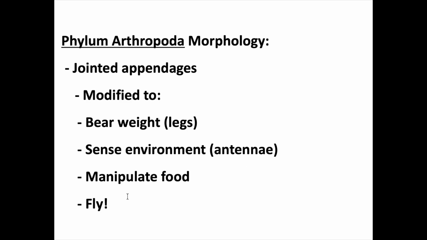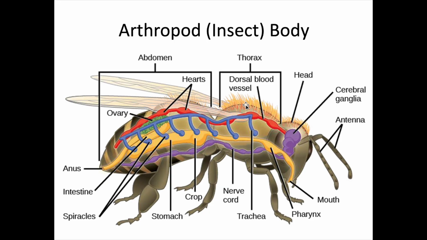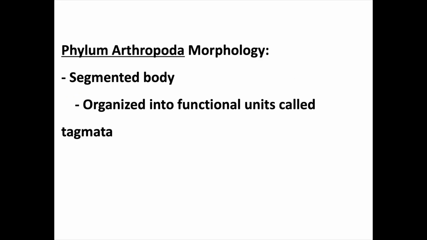These appendages can be used to manipulate food, which is huge because it opens up lots of different feeding strategies. And these appendages can also be modified into wings that allow for flight. And this is the first time we've seen anything fly in Animalia or outside of Animalia. So yeah, this is huge as part of their success.